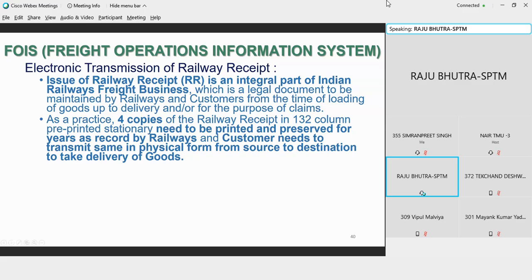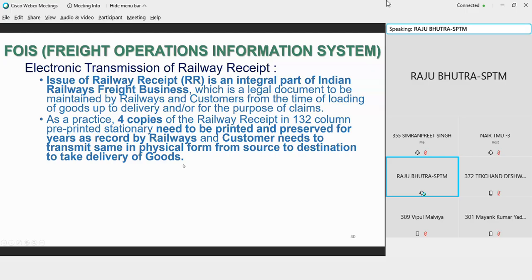As a practice, 4 copies of the railway receipt in 132 column pre-printed stationery need to be printed and preserved for years as a record by railways, and the customer needs to transmit the same in physical form from source to destination to take delivery of goods.